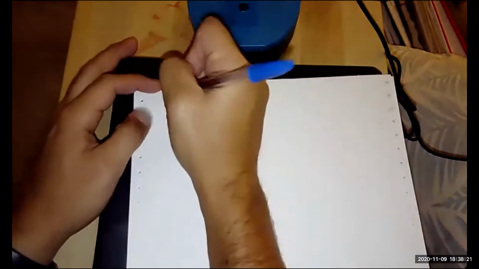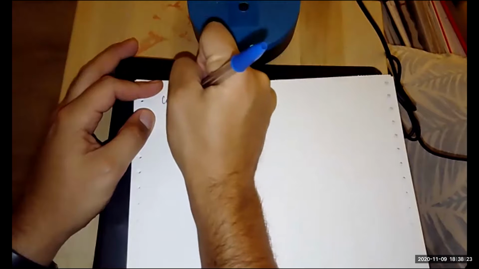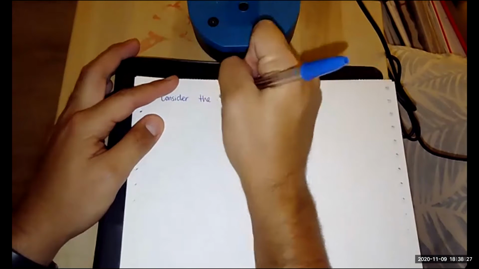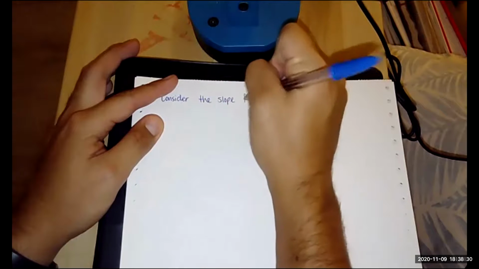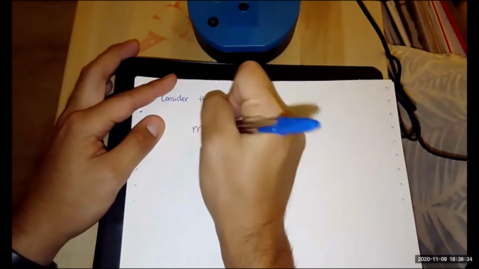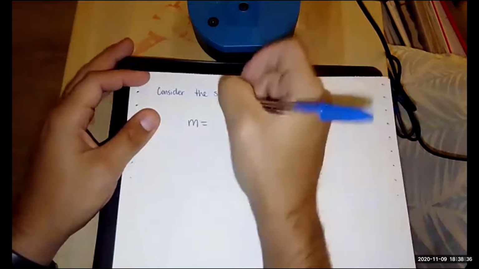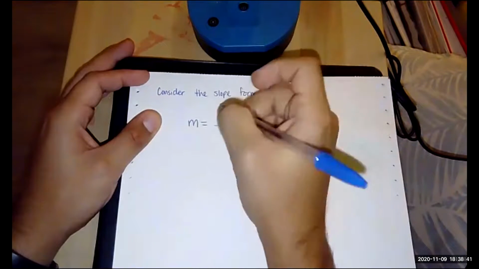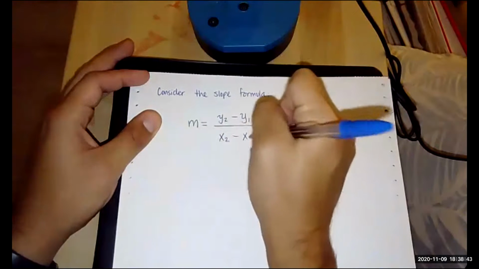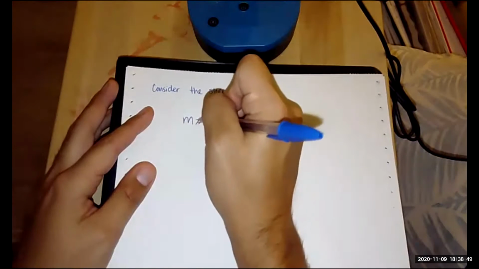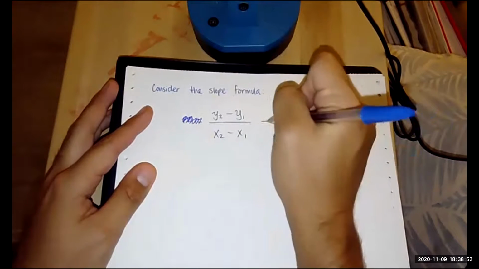So let's consider the slope formula. m is equal to y2 minus y1 over x2 minus x1. Or let me put the m on the other side, actually: y2 minus y1 over x2 minus x1 equals m.